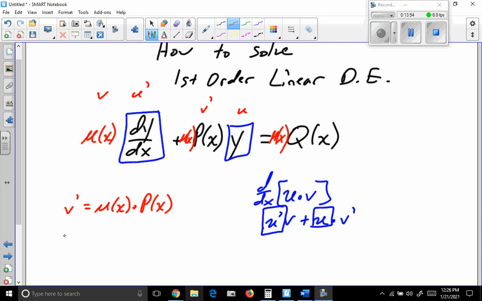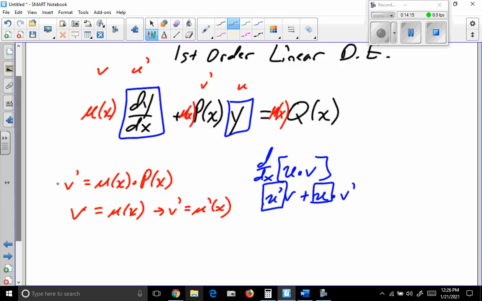And then likewise, v is mu of x. Well, if v is mu of x, if we take the derivative of both sides, then v prime would also be mu prime. So let's take this equation and replace v prime with mu prime.